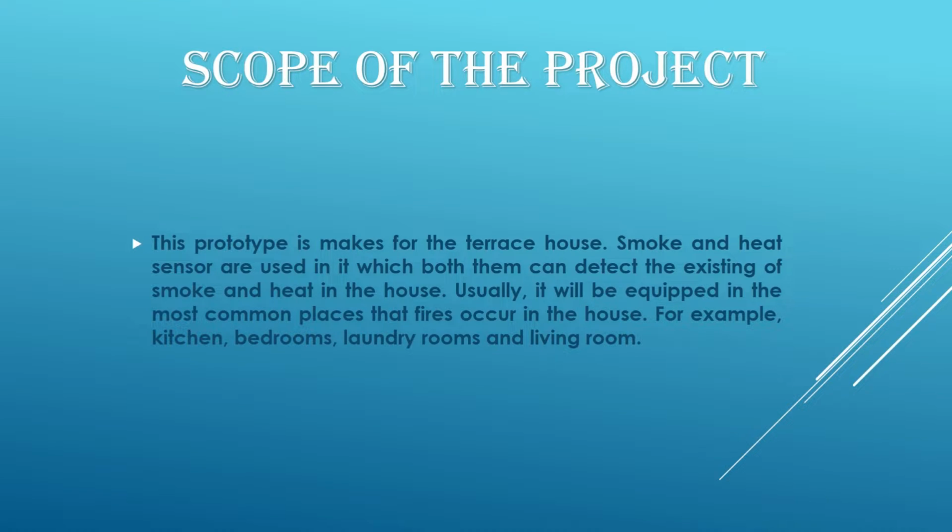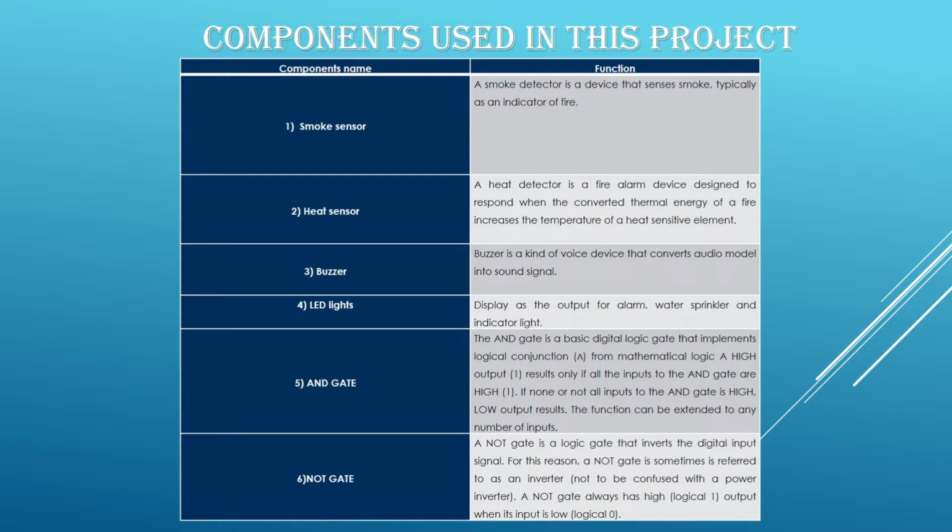These four main places contain electronic devices such as the television, washing machine, and stove, which can potentially cause a fire.